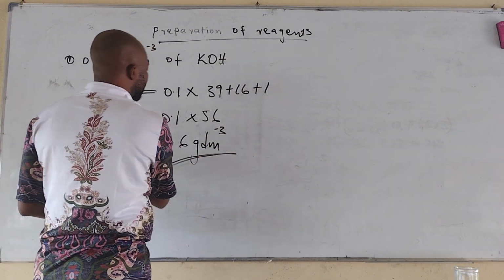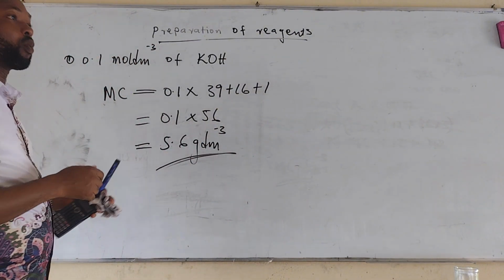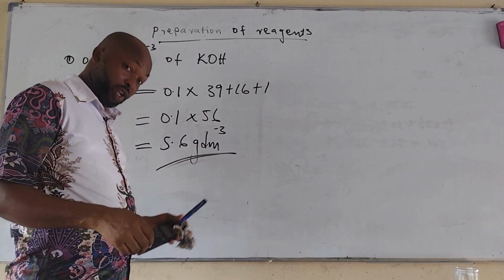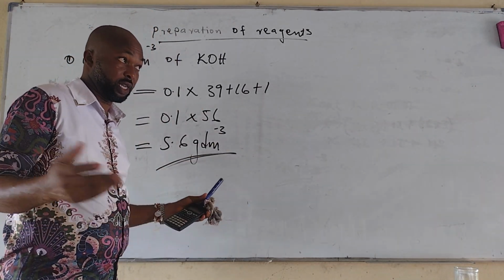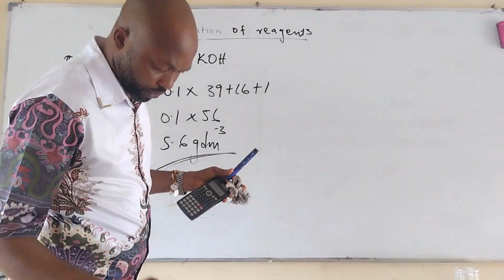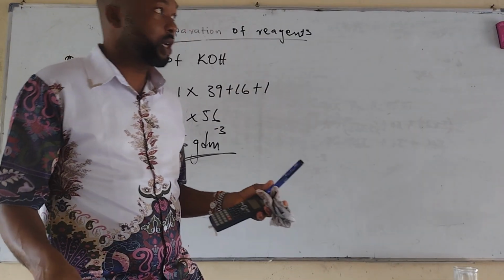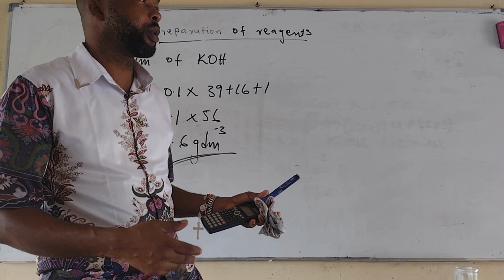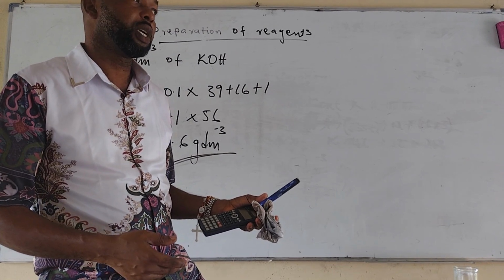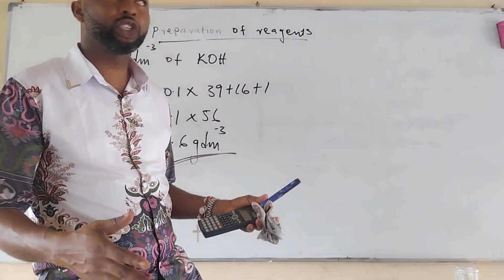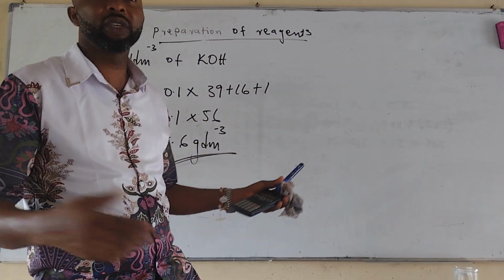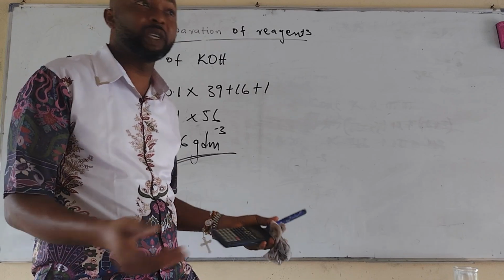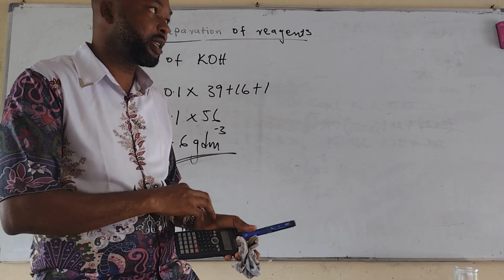We measure this and dissolve it in 1000 ml of distilled water. Or it may not necessarily be distilled water; it could be any solvent you choose, depending on what you're dealing with. If, for example, I want to prepare a reagent or a solution, I can dissolve it in a solvent. Let's call it methanol, it could be ethanol, it could be hexane, and so on.